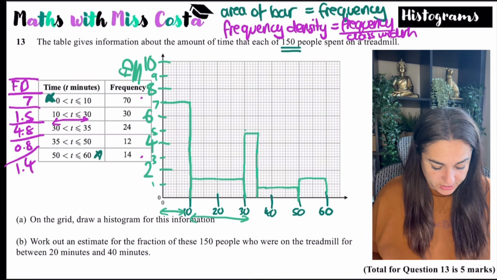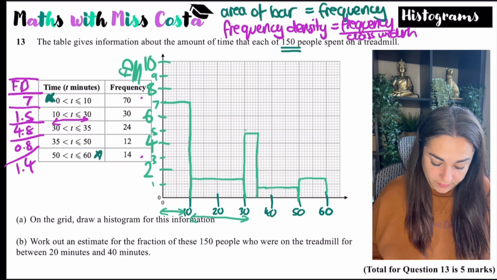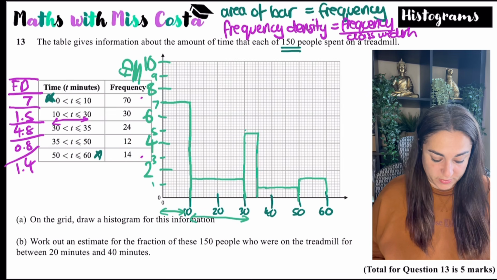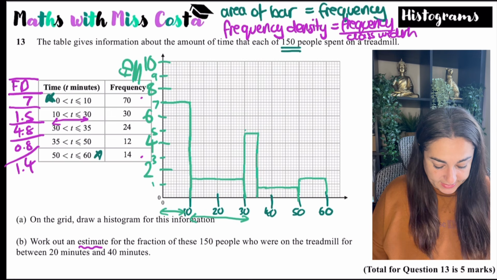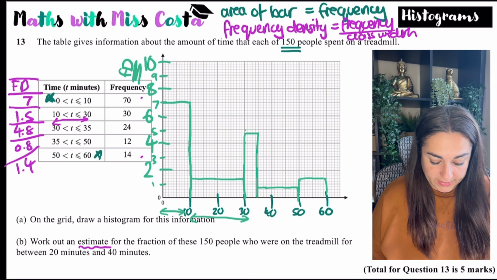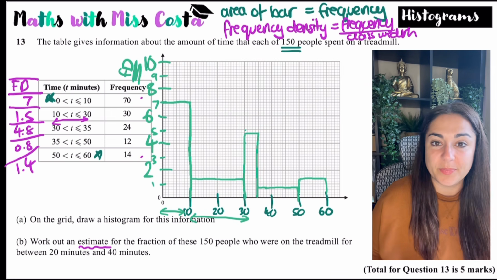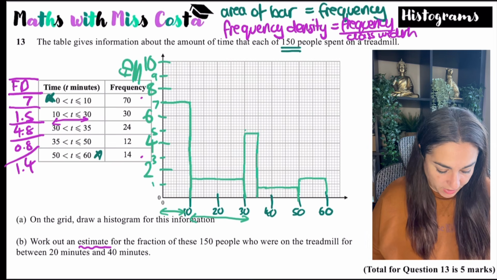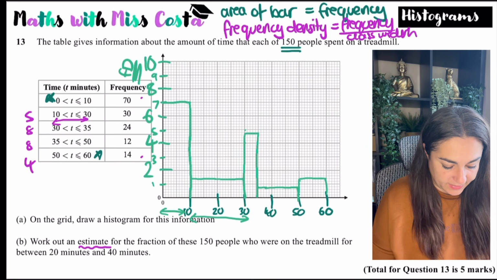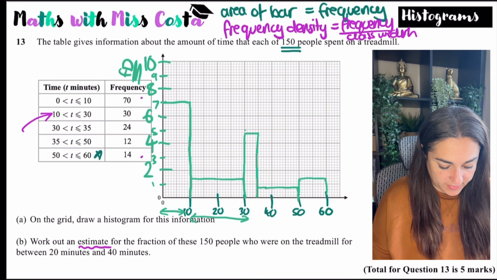Okay, so for part 2, it says work out an estimate for the fraction of these 150 people who were on the treadmill for between 20 and 40 minutes. The reason it is an estimate is because we don't know where exactly the data is dispersed. In this class interval, for example, between 10 and 30, we don't know how many people actually did 11 minutes.